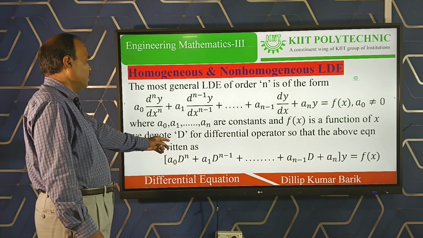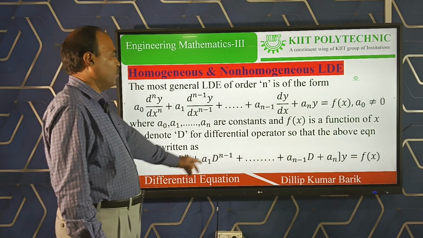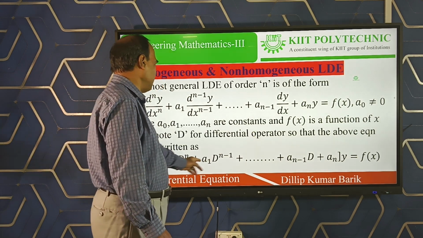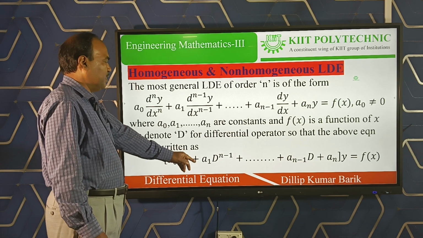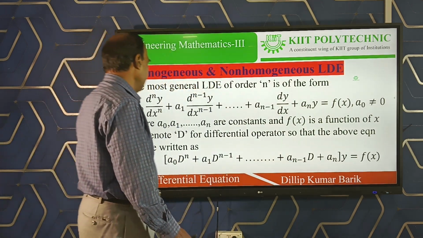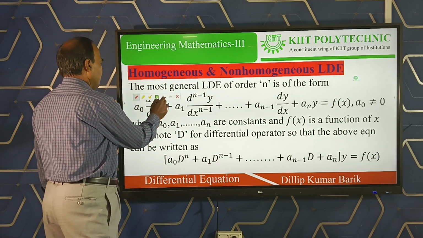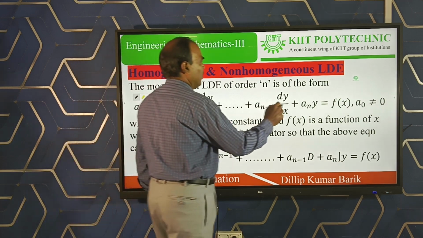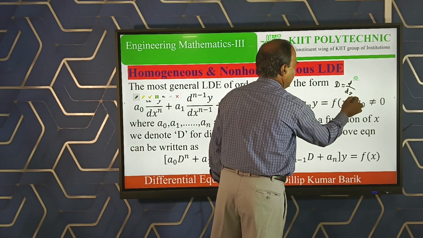We denote by capital D the differential operator, so that the above differential equation can be written as (a0 Dn plus a1 Dn minus 1 up to an) y is equal to f(x). That is, I denote here capital D for d by dx. This is the notation.